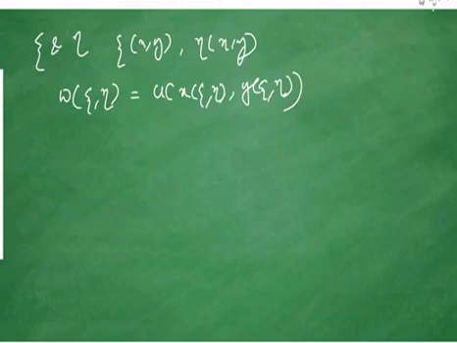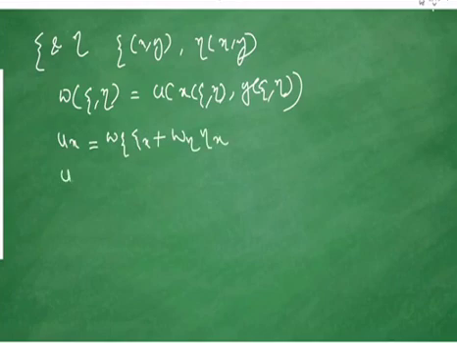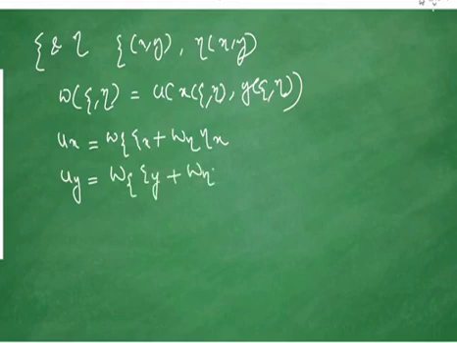So for that we have applied the chain rule, and we have found that ux is equal to w theta theta x plus w eta eta x, and uy is similarly w theta into theta y plus w eta into eta y.